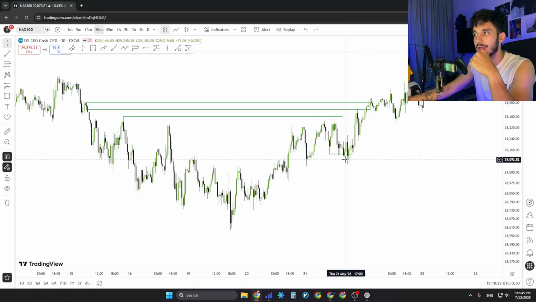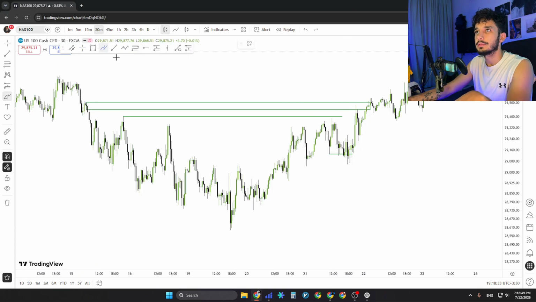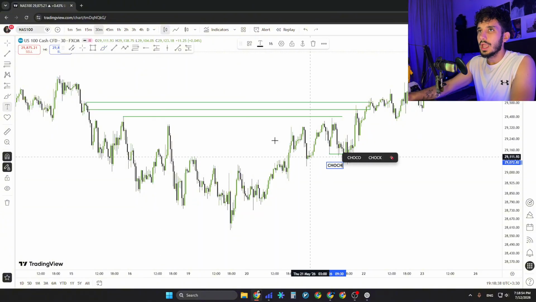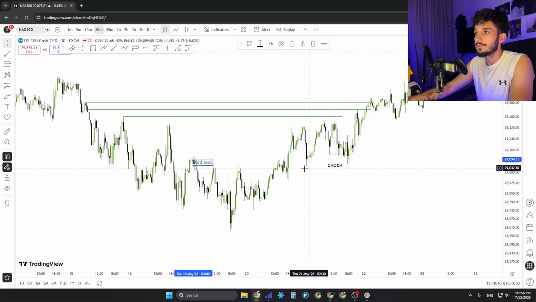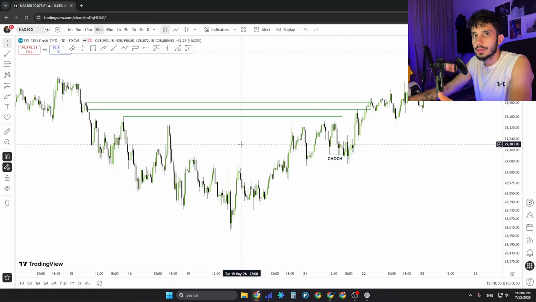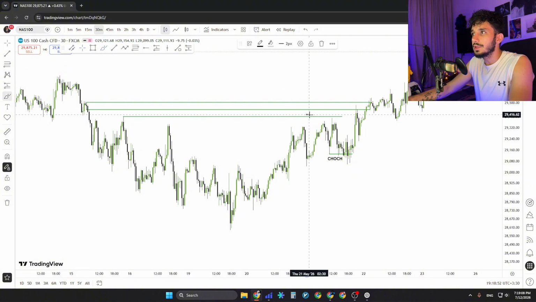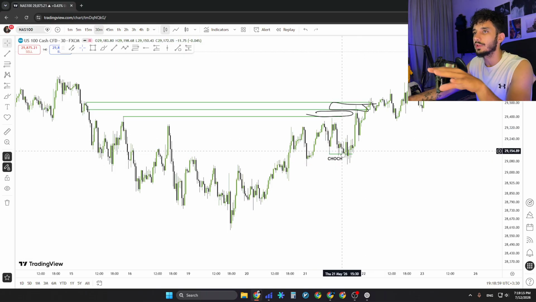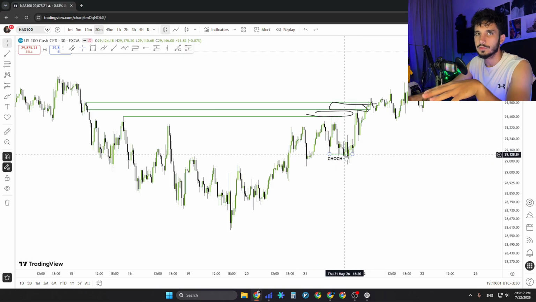Price just gathered liquidity from below this, and we say, okay, this is a CHOCH and we are going to look for a BOS. But it didn't happen. What happened here, guys? This liquidity and these orders here are more important than any change of character or price action concepts.